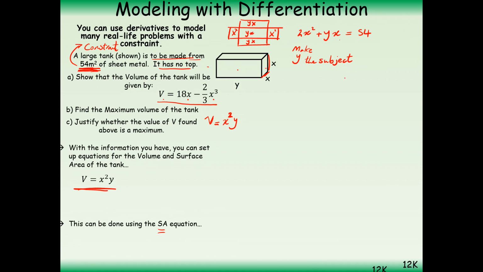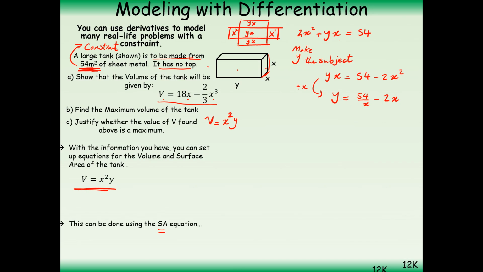First of all, I'm going to keep yx on the left and subtract 2x squared from both sides, and I end up with this expression here. Then I need to divide by x. Dividing by x leaves us with 54 over x minus 2x squared over x, which is just 2x.